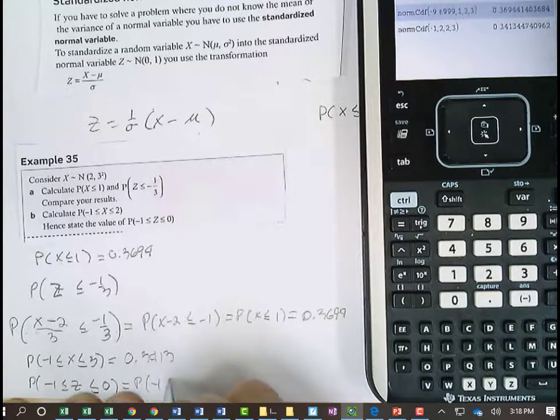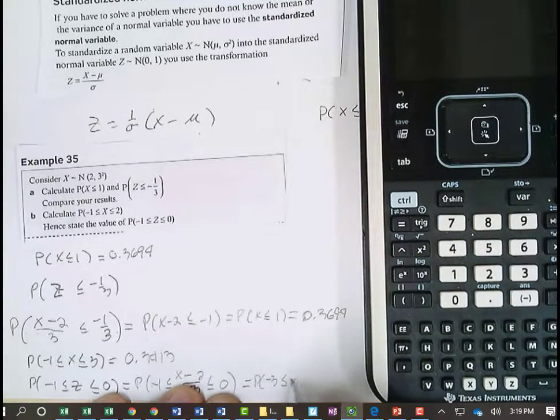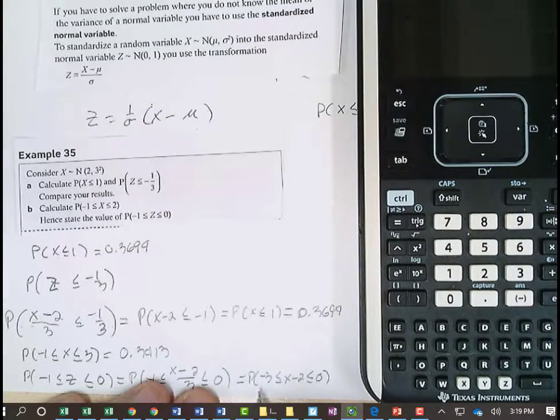So negative 1 less than or equal to z, which is x minus 2, all over 3, less than or equal to 0. If I multiply by 3, I'm going to get the probability of negative 3 less than or equal to x minus 2 less than or equal to 3 times 0, which is still just 0, right? And then I add 2, and I get the probability of negative 1 less than or equal to x less than or equal to 2, right?